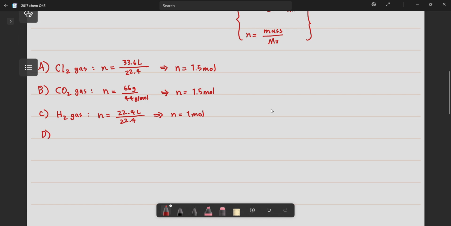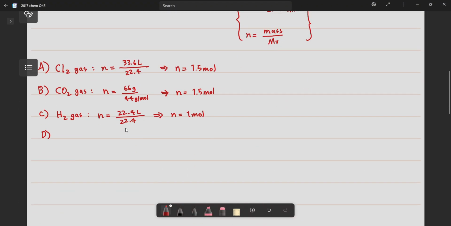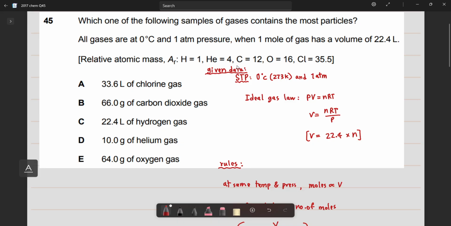Now option D, we have helium gas, 10 grams. We know helium exists as a single monoatomic molecule. It does not exist as diatomic, so we have to be careful about it. It's a noble gas, so it exists as a single atom, and the molar mass is just 4 grams per mole.